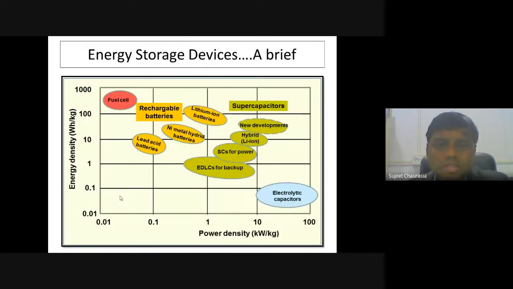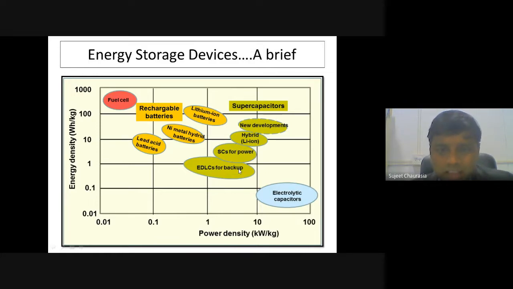The given diagram shows the Ragone plot for the various types of electrochemical energy storage devices, which is basically a plot between energy density and power density. Here we can see that the power density of the supercapacitor is higher than the rechargeable battery, but it has a low energy density.